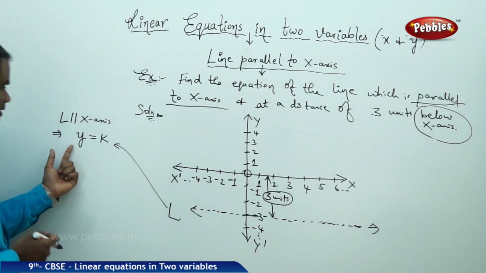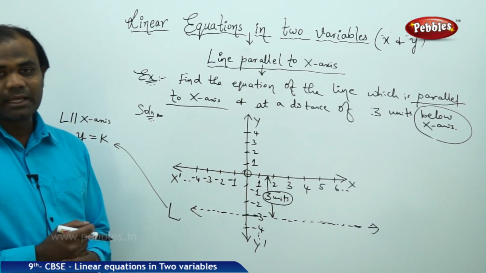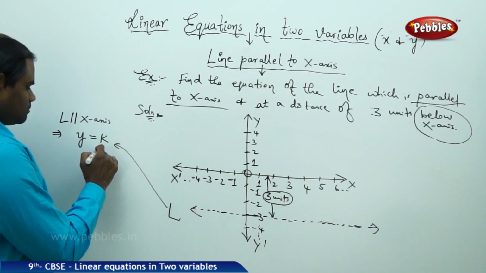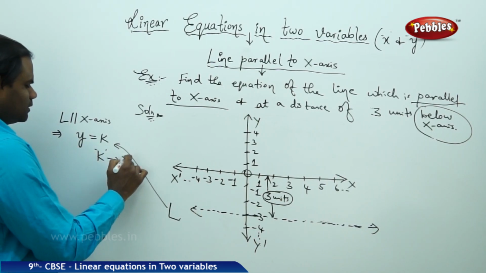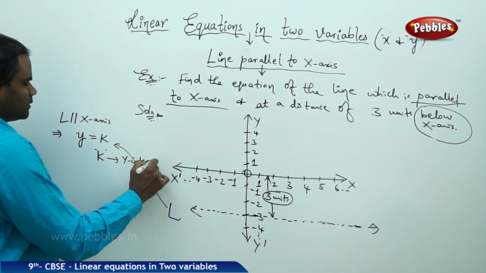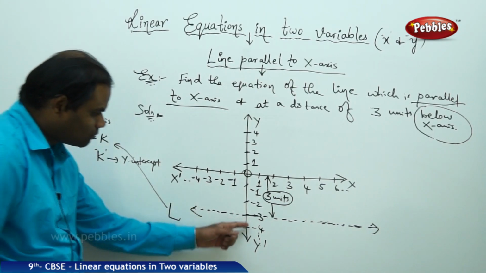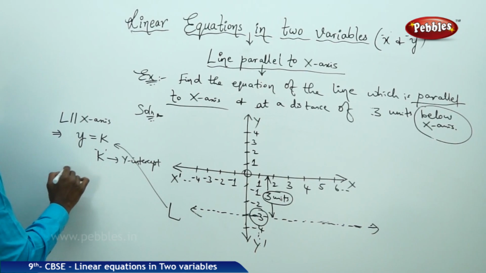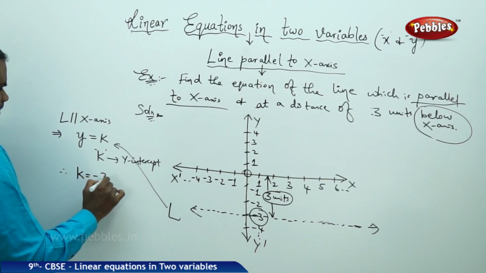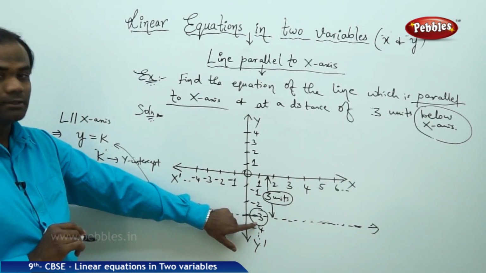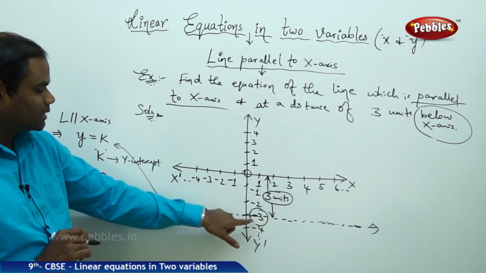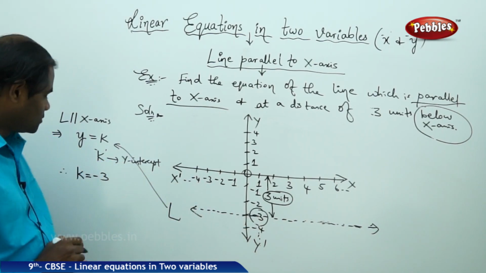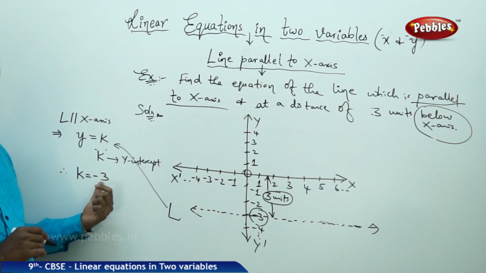Here k is the y-intercept. Now as I know my y-intercept out here is -3, therefore k is -3. As clearly seen, my line cuts y-axis at -3. So my value of y-intercept, that is k, is -3.